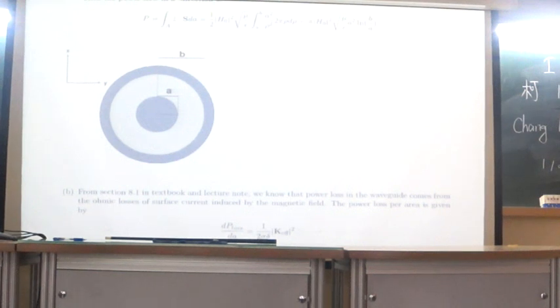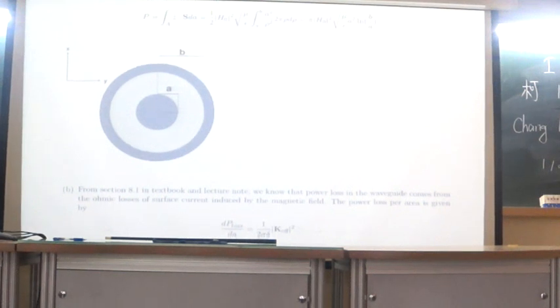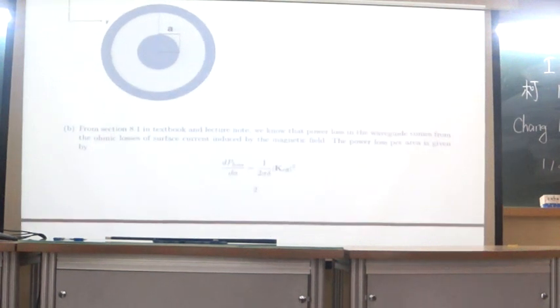Okay. Then problem B asks you to calculate the power loss in this system. Since the dielectric is lossless, the only loss in this system is from the conductivity, the skin depth of the conductors. And you can find this formula in Jackson's textbook or the teacher's lecture notes, in section 8.1.